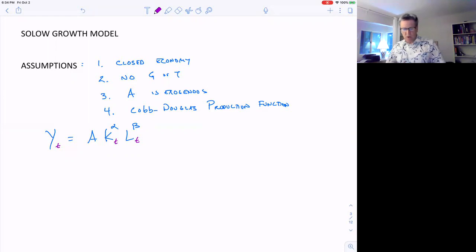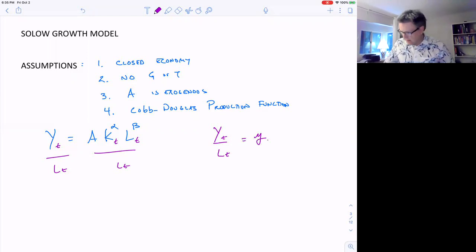And if we divide both sides by L sub t, and we're going to define Y t over L t as little y t. So just like before, but with the time subscript.